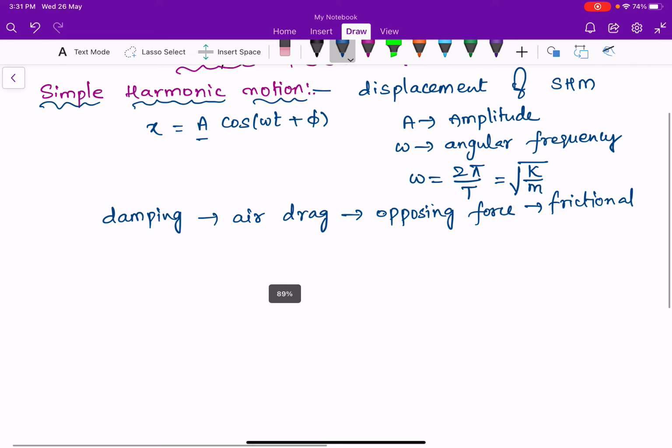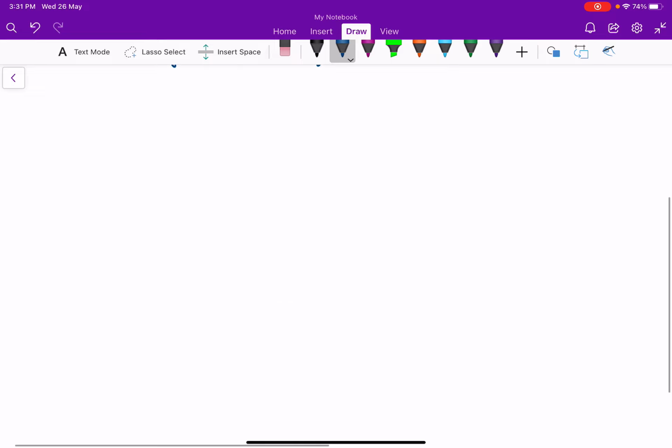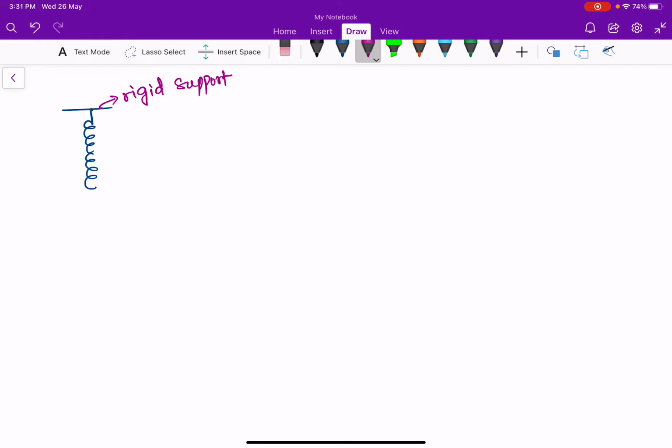In this class we are going to take a simple harmonic oscillator like this: one end of the rod is attached to a rigid support, this is a spring, and I am attaching a block of mass m.